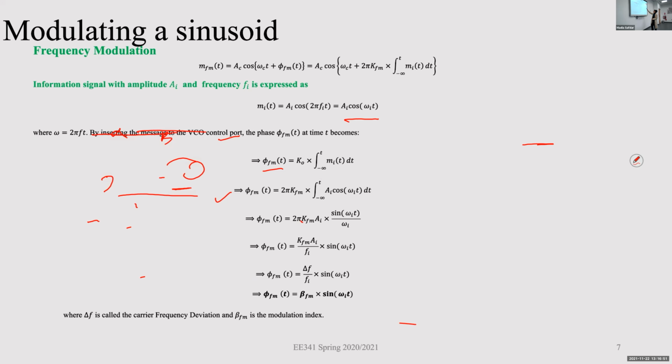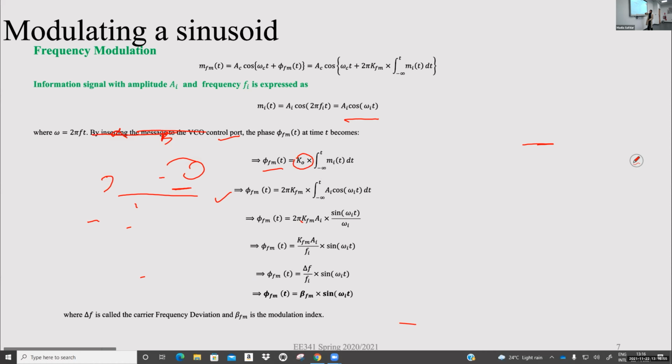First, I will pass this message through the integrator, multiplied with the frequency sensitivity. Then, after integration, I will put this here. Then I will get it. After the integration, this will convert to sine. Then after this simplification, this kf into Am will become delta f.